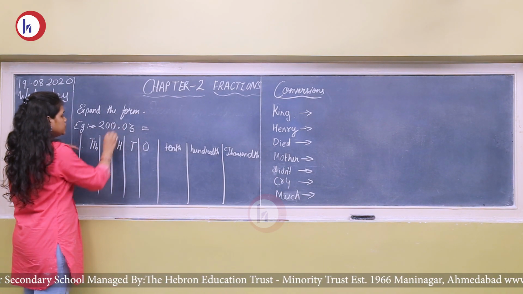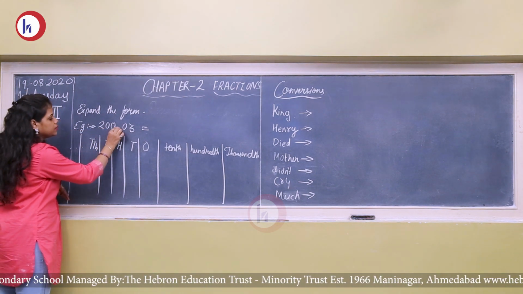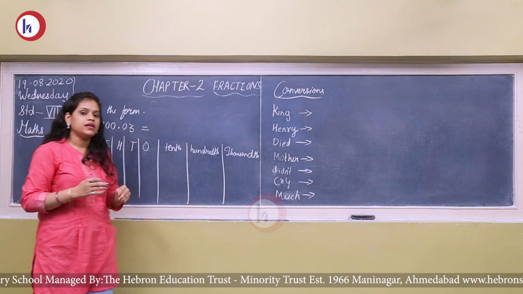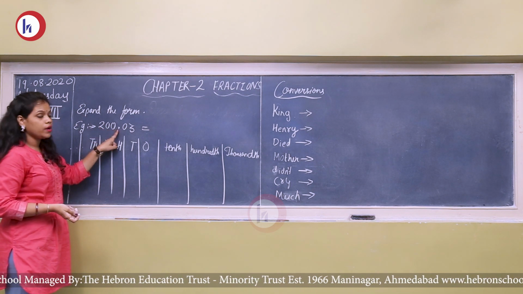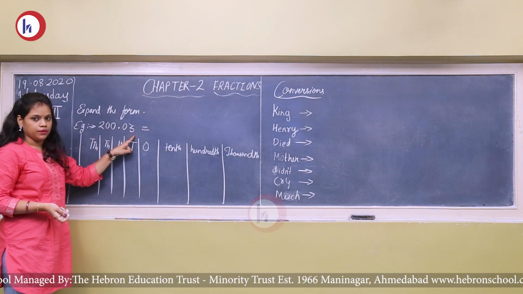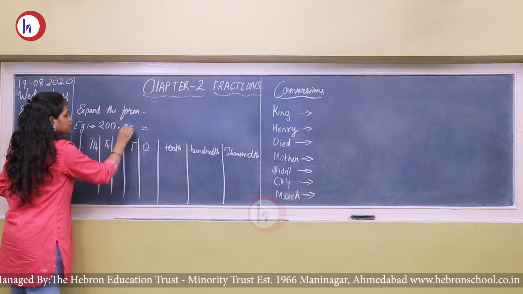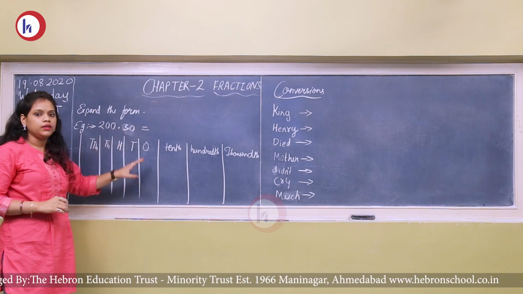Like here I have taken one number, 200.03. Now when you read a decimal number, you should always read the digits after the decimal separately. If instead of 03 it is, suppose, 30, you can't read it as 200 and 30.